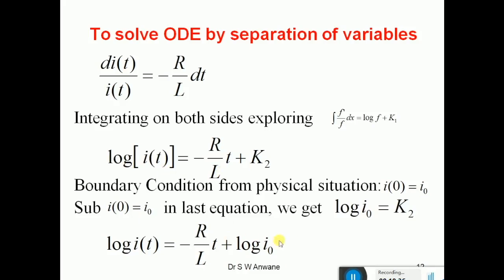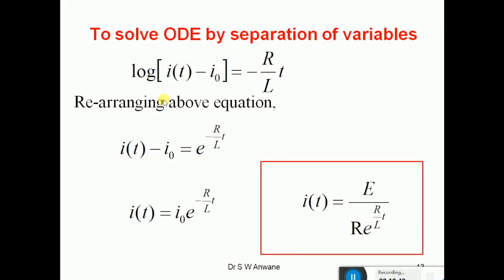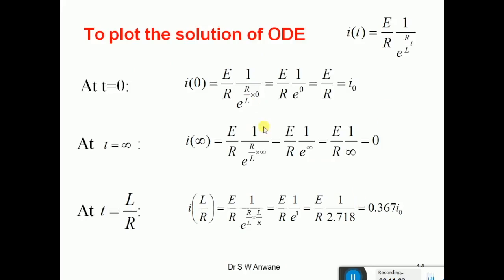Substituting that, we get the solution of the differential equation. Now we can take exponential on both sides. I of t divided by I0 is equal to e to the power minus R upon L times t. So I of t is equal to I0 into e to the power minus R upon L times t. This is the solution of the differential equation. Now we can discuss in different time zones, like in the earlier case.